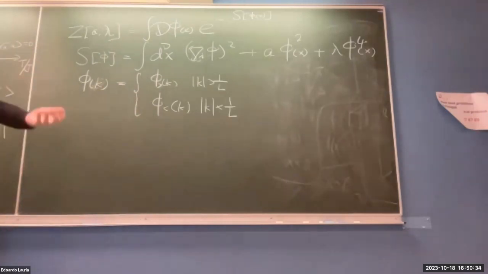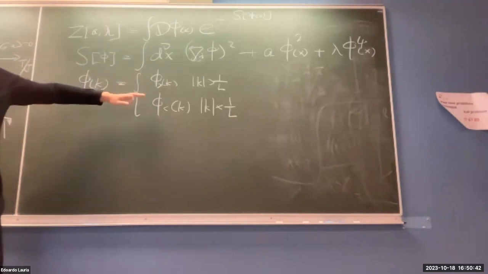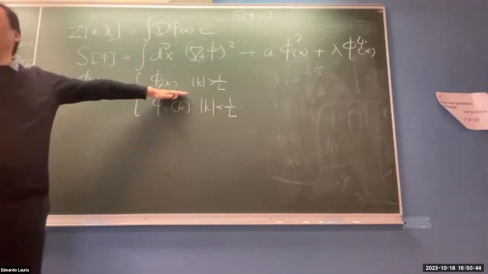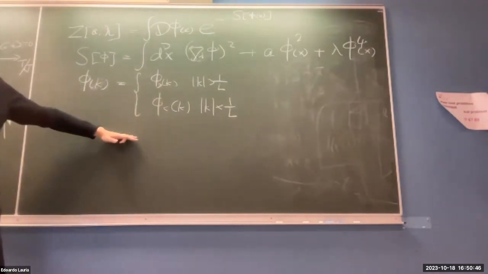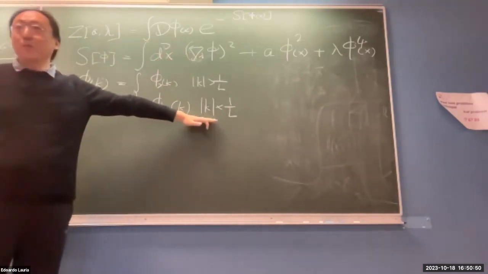So the argument of Wilson, which he invented in the 60s, 70s, was that you perform this integral, you integrate out the high momentum piece, and you are left with a similar action, but only for the low momentum piece.